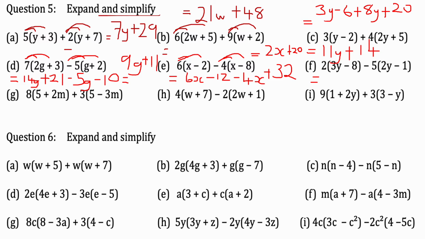Part F, 2 lots of 3y becomes 6y, and 2 lots of negative 8 becomes negative 16. Then I've got minus 5 lots of 2y, which becomes negative 10y. And then negative 5 times negative 1 becomes positive 5, guys. Now collecting our like terms, so collecting all our y's together, 6y take away 10y is minus 4y.